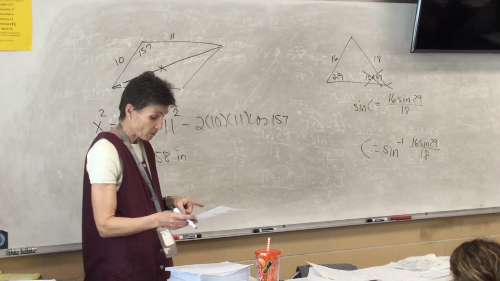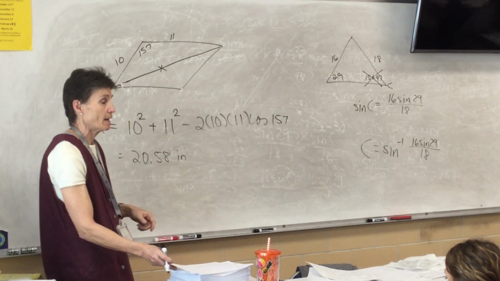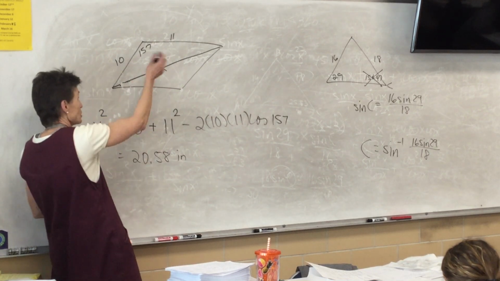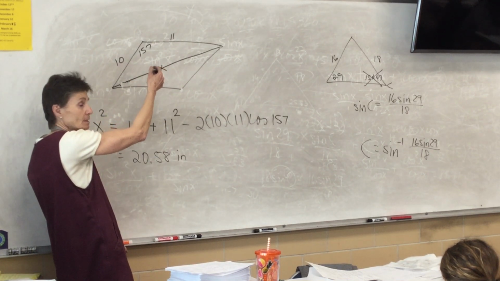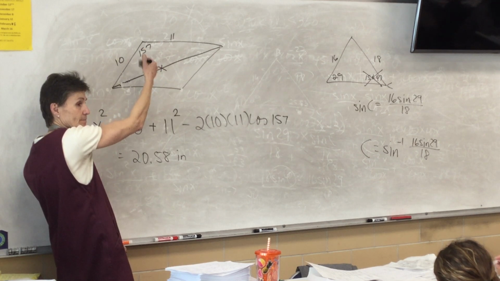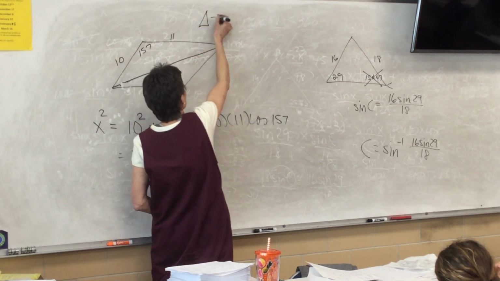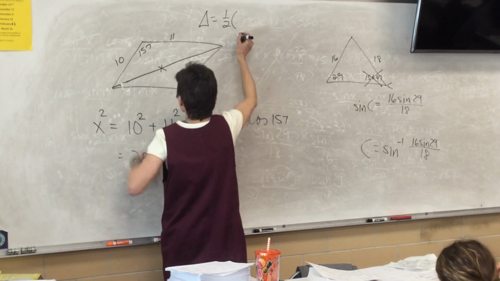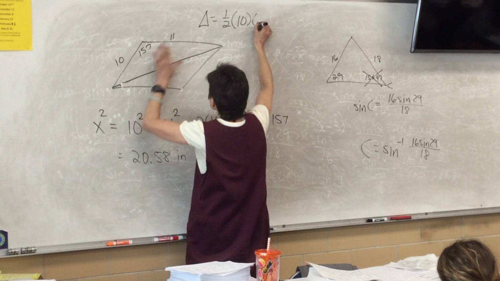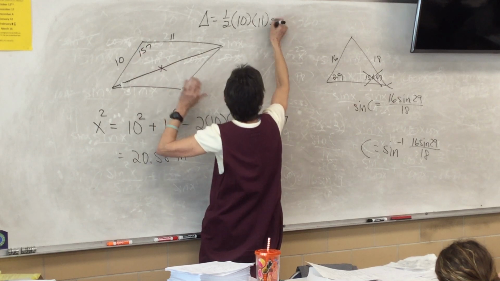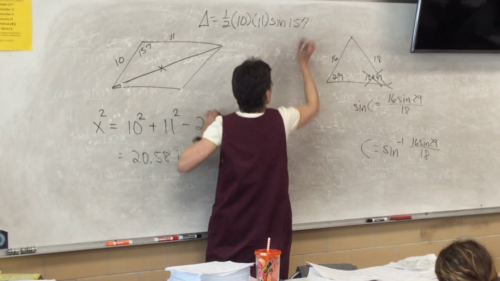Now the second part of that question says find the area. Well, let's just look at what I've got up here. Could I find the area there? The triangle area will be 1/2, 10, 11, sine 157.